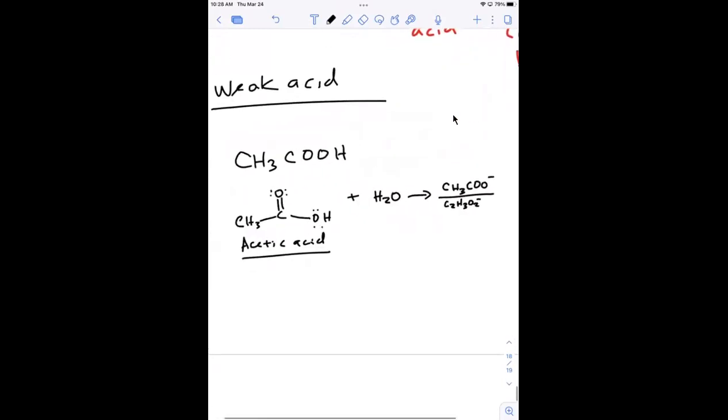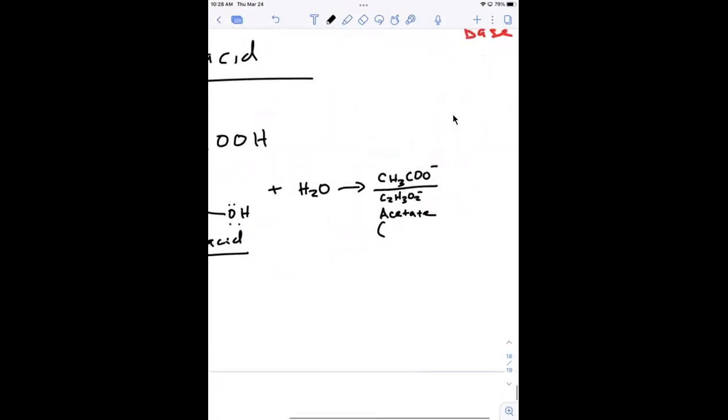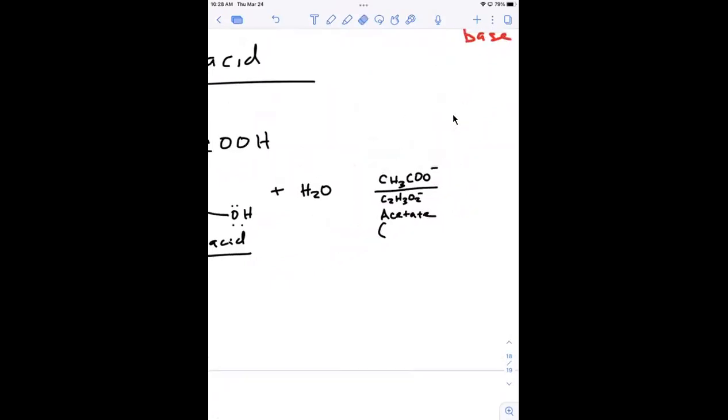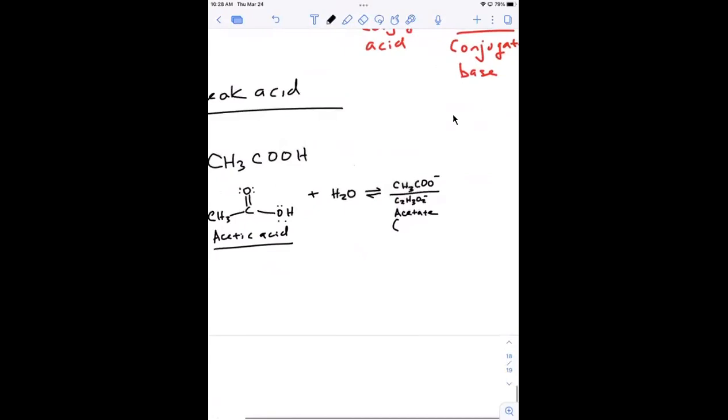So this is acetic acid. This is what we call the acetate ion, which is on the other side of the arrow. Is that the conjugate acid or the conjugate base?